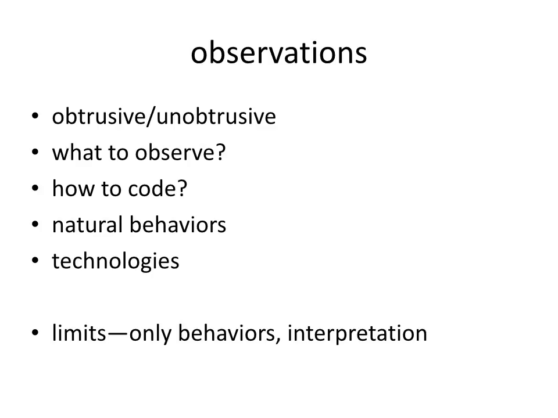Observations can be obtrusive or unobtrusive. Obtrusive observations mean that the people being observed know they're being observed. Unobtrusive observations do not. Now, this distinction sometimes has important ethical considerations. Do you have the right to violate people's privacy by observing them when they don't know they're being observed?